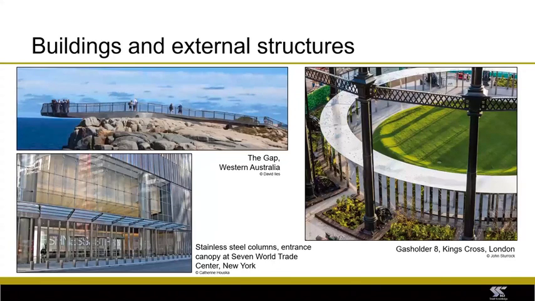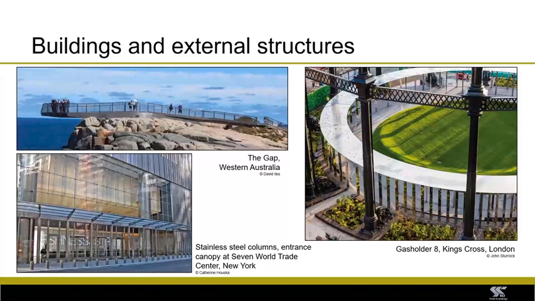Let's start with buildings and external structures. Perhaps you'll recognise the Gap in Western Australia. That's a duplex stainless steel walkway. No need to wonder why stainless steel was needed there. Very exposed, salty environment. But this photo beneath that, you may be wondering why stainless steel would be needed.